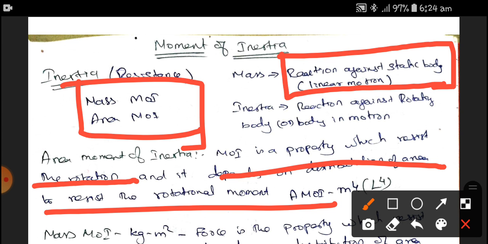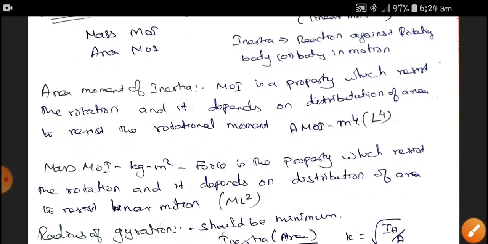Therefore, for area moment of inertia the unit is meter power 4, whereas for mass moment of inertia the unit is kg meter square. Mass moment of inertia depends on the distribution of mass to resist linear motion.